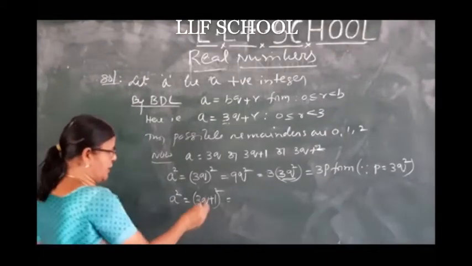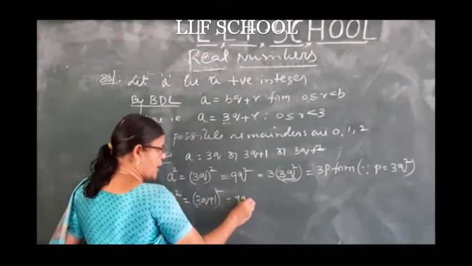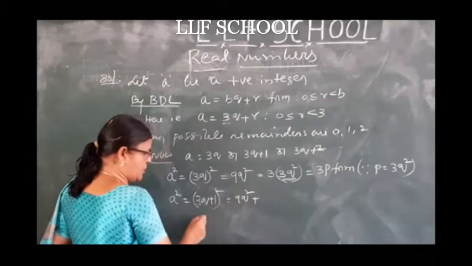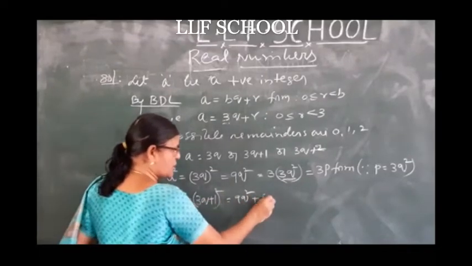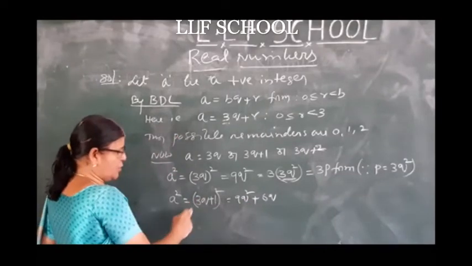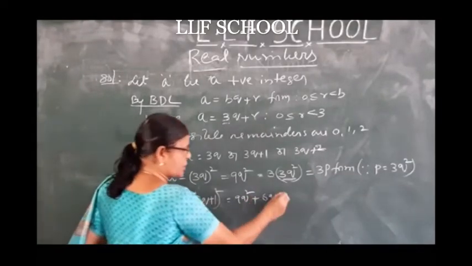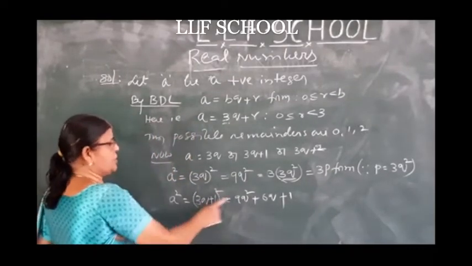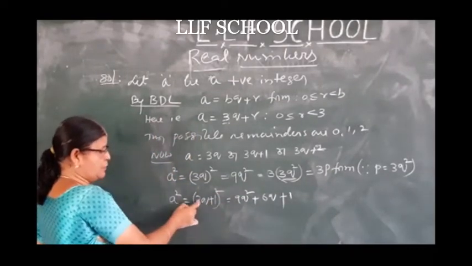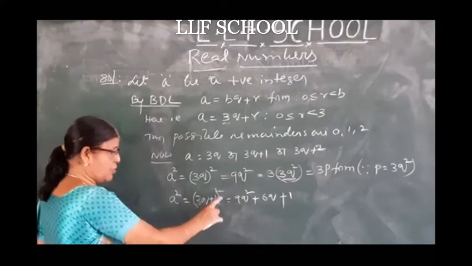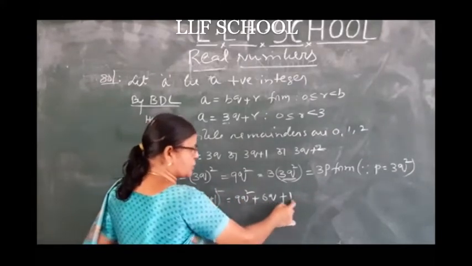Here a square is 9q square, plus 2ab, which is 2 into 3q into 1, that is 6q, plus b square, which is 1 square, 1. So the expansion of 3q plus 1 whole square is 9q square plus 6q plus 1.